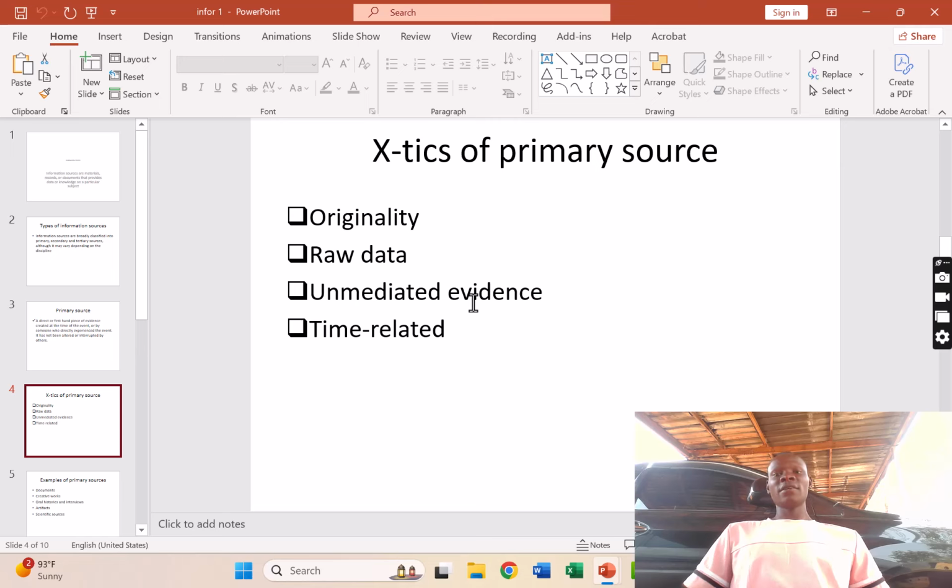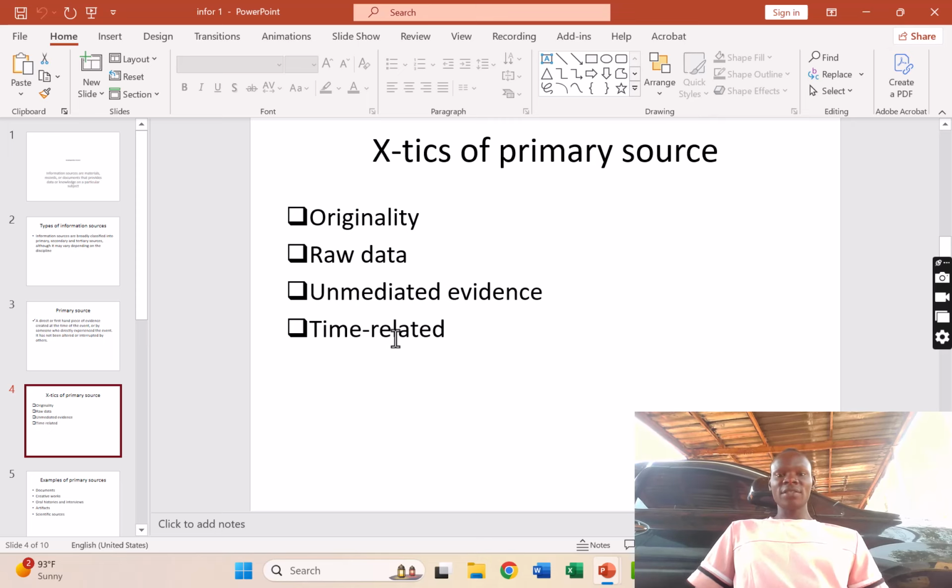Like, let me say the person has died. You can't just come from the blue and start posting. You have to first get the real-world evidence that is needed. It means the source itself is the evidence. No one has tampered with it. So that is also one of the characteristics of unmediated evidence.